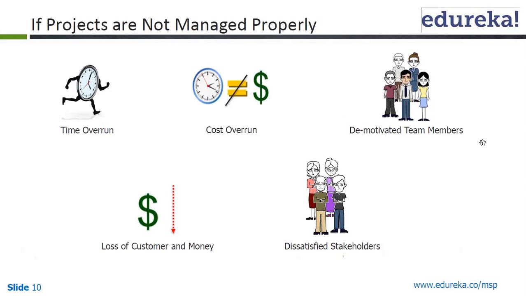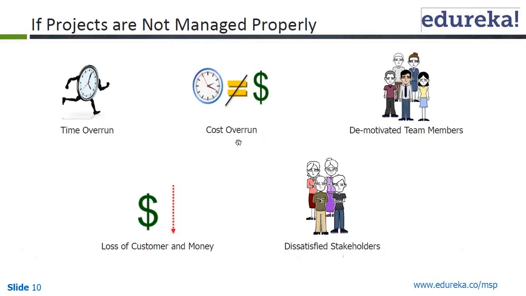It is the project manager who has to take care of all these, and he is one of the persons who gets more affected than others. But you can see, in case the project is not doing well, the team members will be stressed out and demotivated.